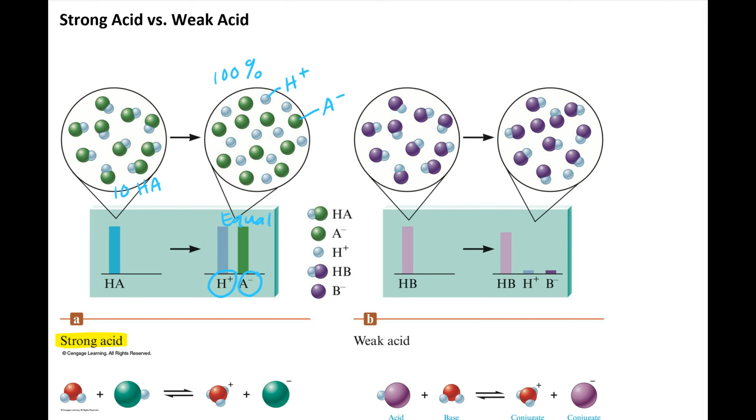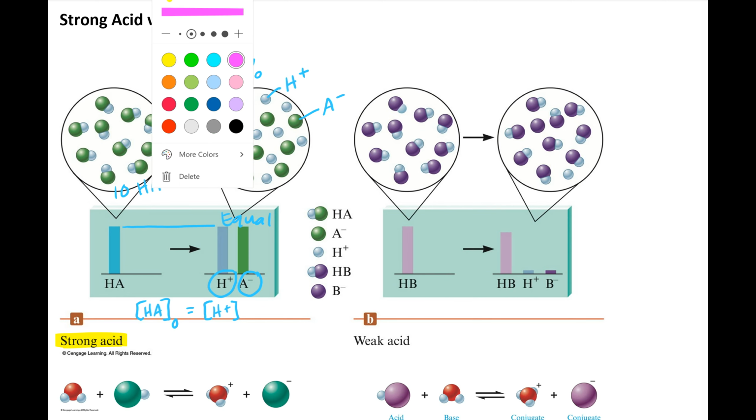So in the end, the concentration of hydrogen ion equals the original HA concentration, and that's very important. The concentration of H positive equals the original concentration of the HA, or we can use subscript zero for initial.